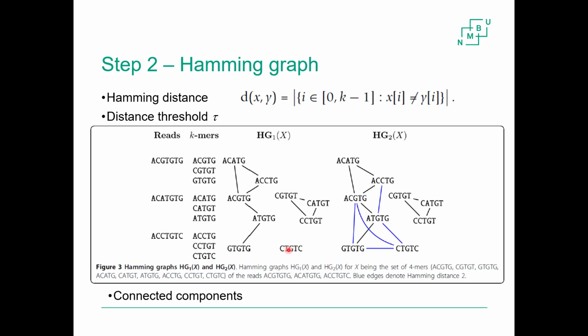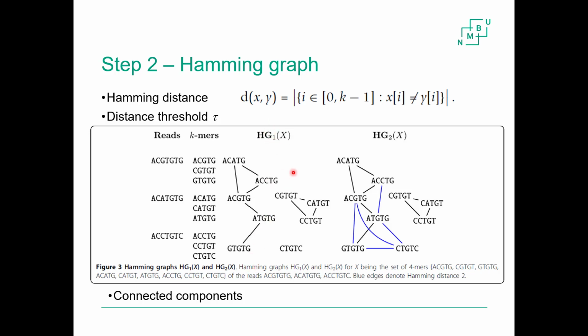It's too different from all the others. And here you get a similar thing, but here the threshold is 2, so now there will be more edges. That's the only real difference. The bigger you make the threshold, the more all k-mers start to connect with each other, of course. But let's stick to this threshold 1.